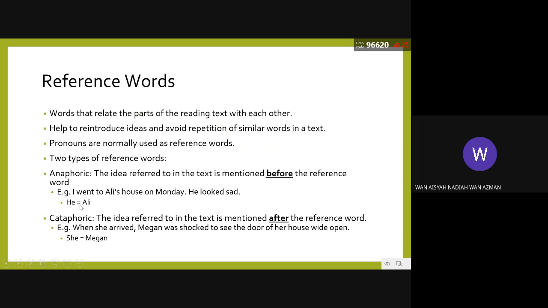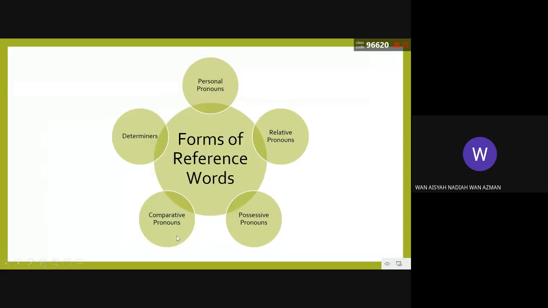Then only we have the idea or the person or the thing. And for the forms of reference words, we have five forms: personal pronouns, relative pronouns, possessive pronouns, comparative pronouns, and determiners.